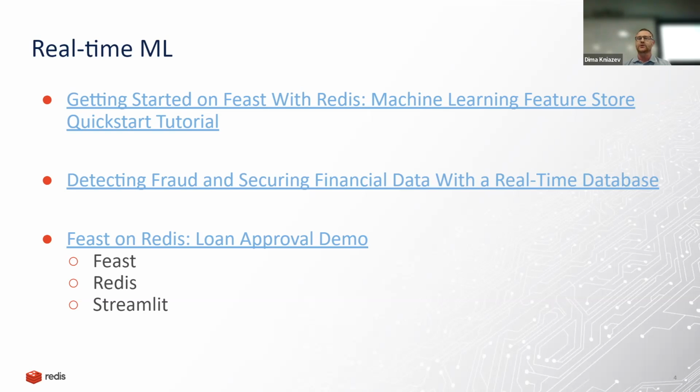They got very good results. They have a separate blog post on the results. And then we started to adopt it to show our demo of how Feast can work on Redis to serve real-time models. I'll also show an application that was built with Streamlit.